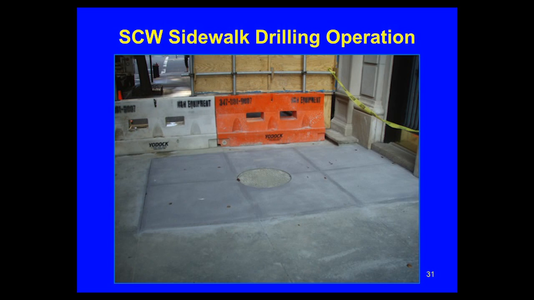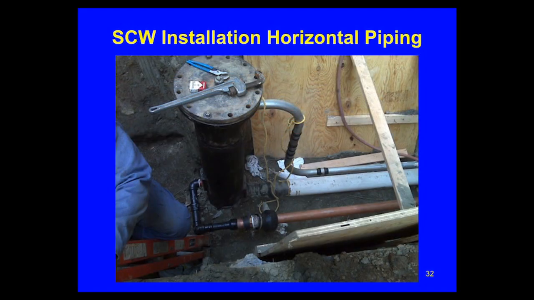This is what the well looks like when it's ended. It's basically just a New York City manhole. If you pull the manhole up before it was backfilled, you have a water line going in, a water line coming back, going into the building, taking water back into the well, and just electrical conduit.